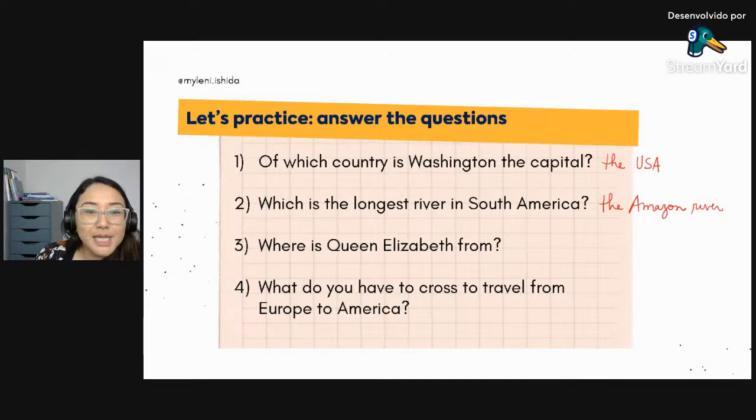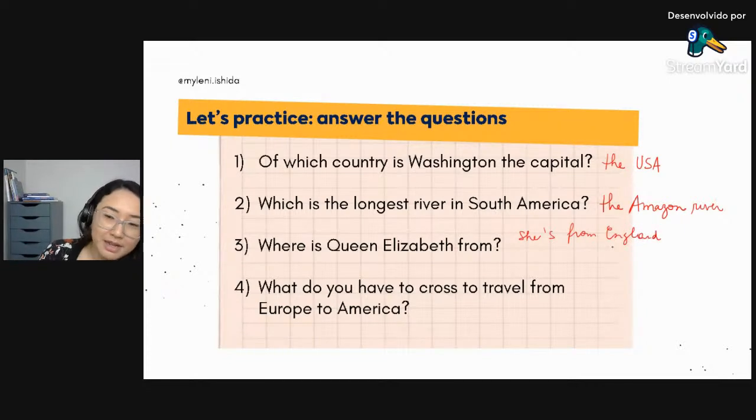Where is Queen Elizabeth from? Where is she from? Teacher, she's from England. Yes, she is. It can be. She is from England. Can you see? England, I don't use the definite article. So here we have 2 options. She's from England. Then I don't use the definite article because with countries like Brazil, I don't say the Brazil.